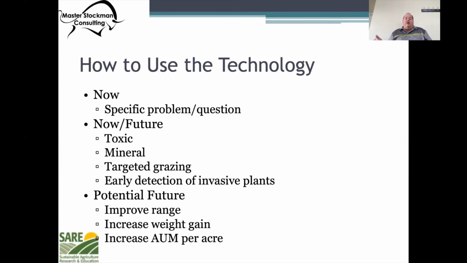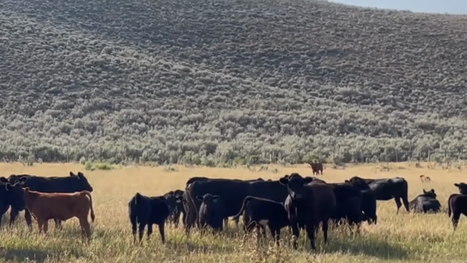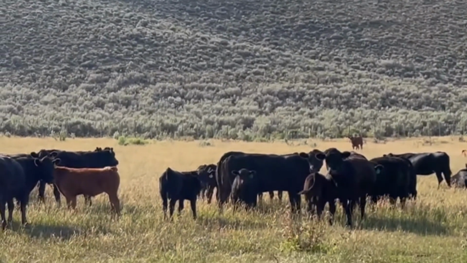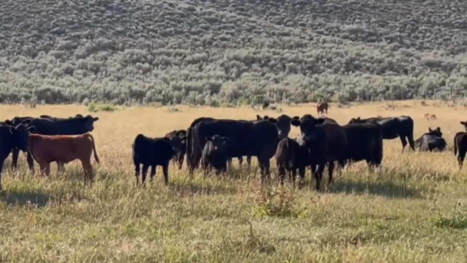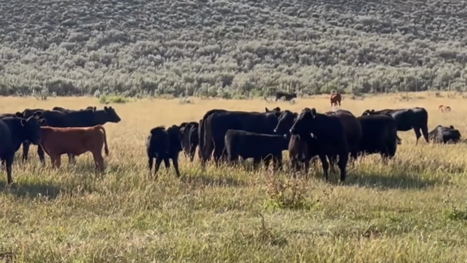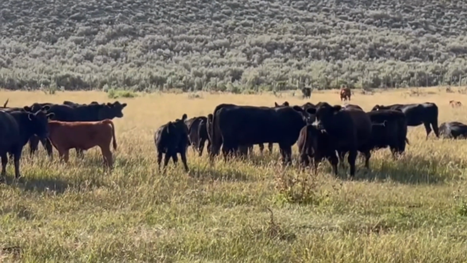And the bottom line is if we have the ability to improve range, if we have the ability to improve our pastures, we will be able to increase AUMs per acre. If we increase AUMs per acre, that's a great thing for our producers. We have the ability to make more money, have more sustainable ranches. This is really an interesting technology to watch in the future.